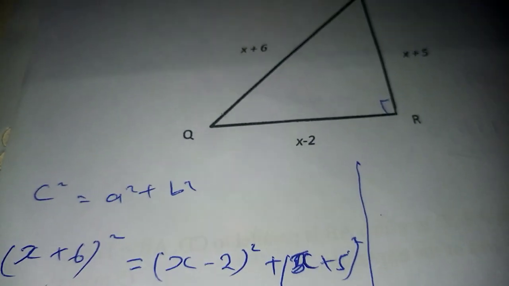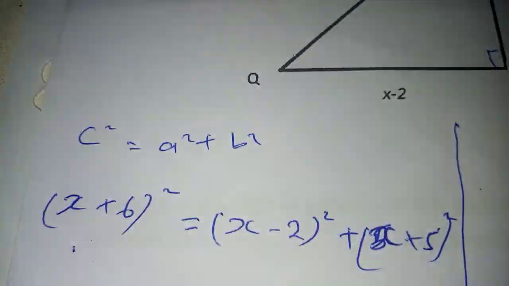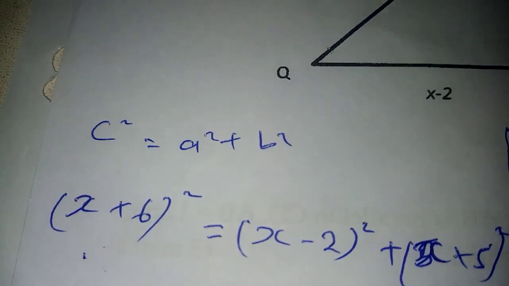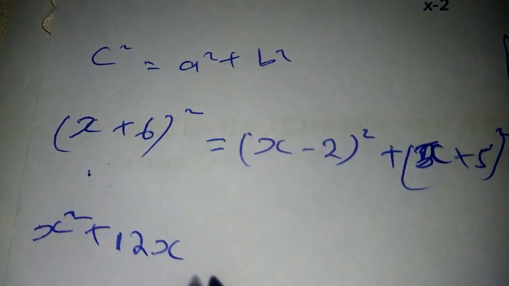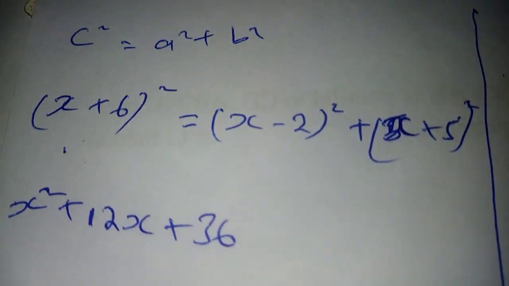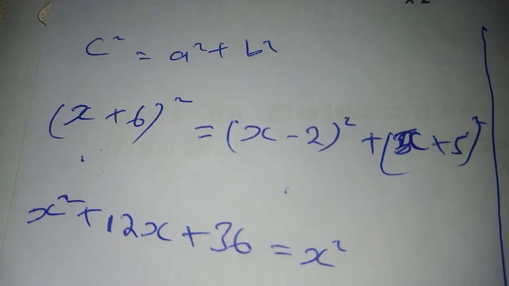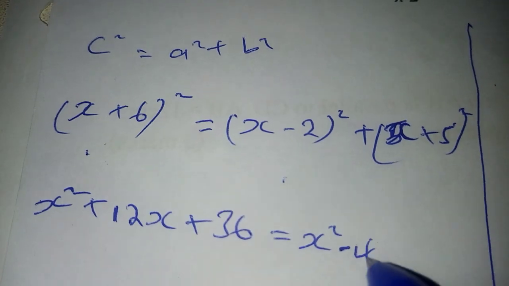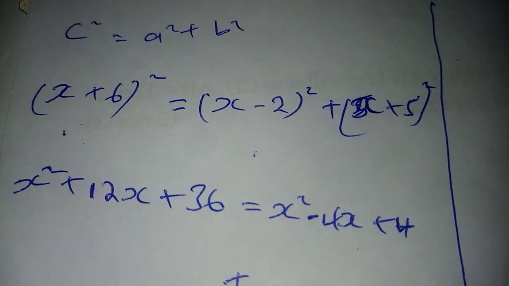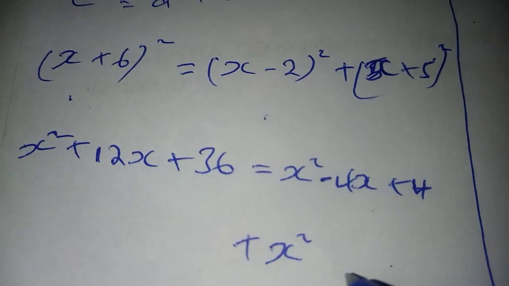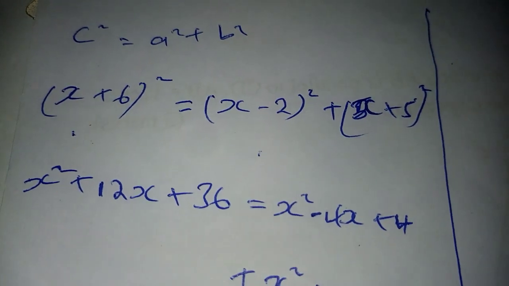So when I square this, that is x squared plus 12x plus 36 should be equal to x squared, now I'm squaring this, minus 4x plus 4, then plus x squared plus 10x plus 25.